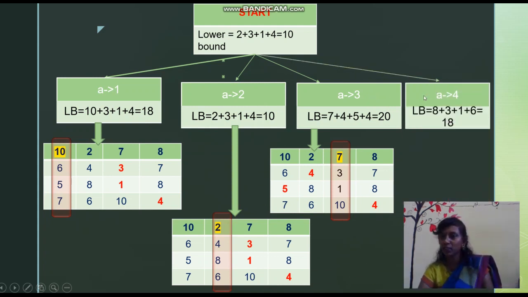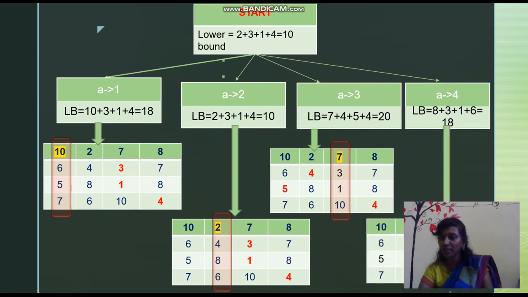Now for person A with job 4, we have to calculate the lower bound. It is a matrix, so the job 4 column is the last column. So this is person A. You should not consider this for persons B, C and D. So first, person A is 8, so that particular column will be blocked.